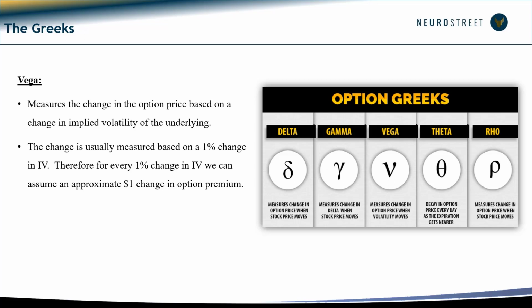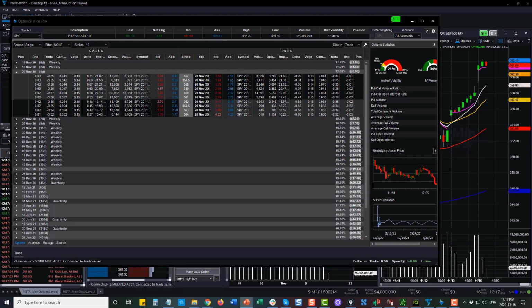The change is usually measured based on a 1% change in implied volatility. Therefore, for every 1% change in implied volatility, we can assume an approximate $1 change in the option premium will become apparent. So simply put, Vega measures the change in the option price when volatility moves.